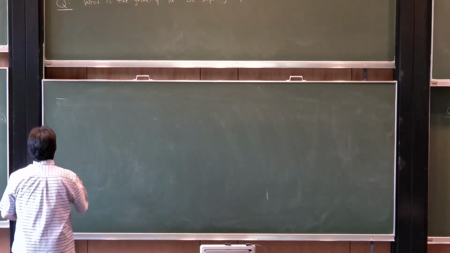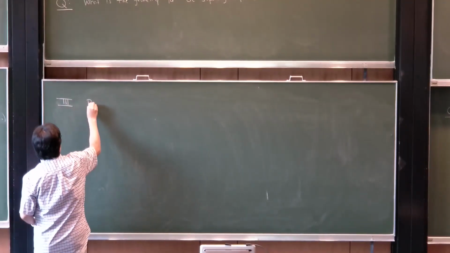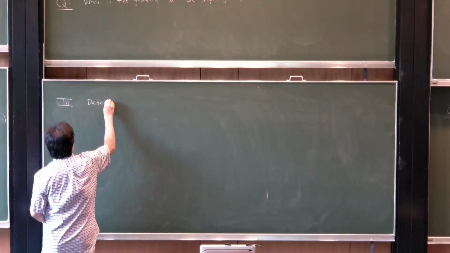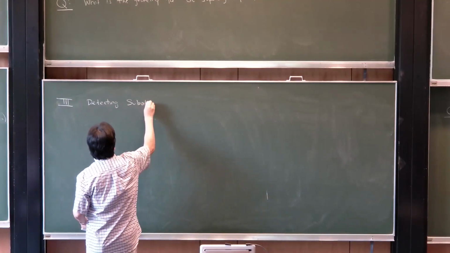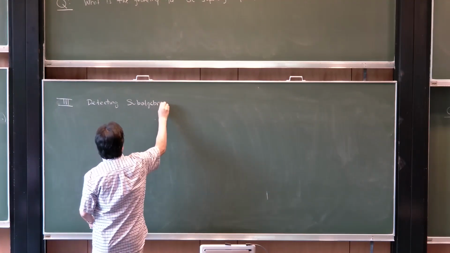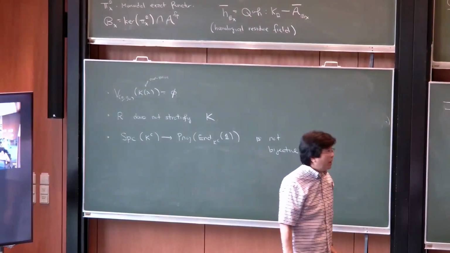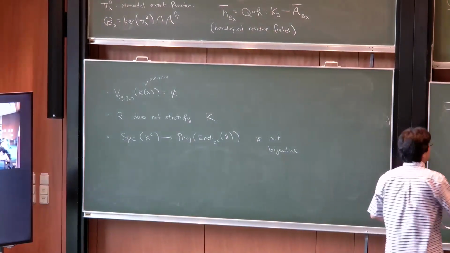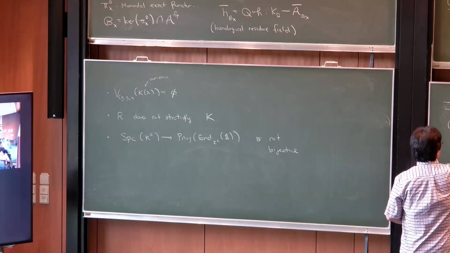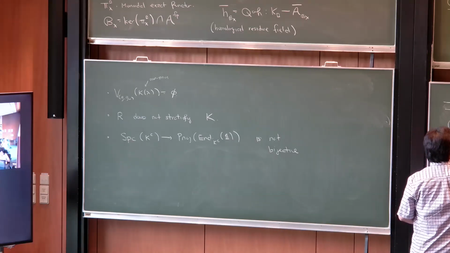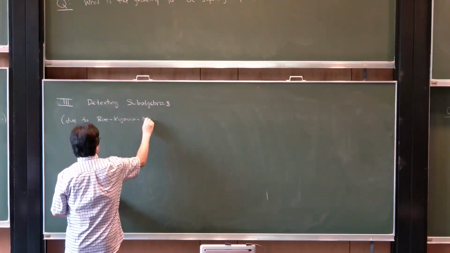So what we need to do next is talk about what are called detecting subalgebras. This is a theory that goes back to the mid-2000s, and it's due to Brian Boe, Jonathan Kujawa, and myself.